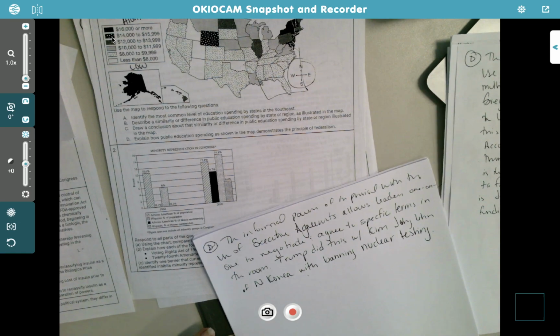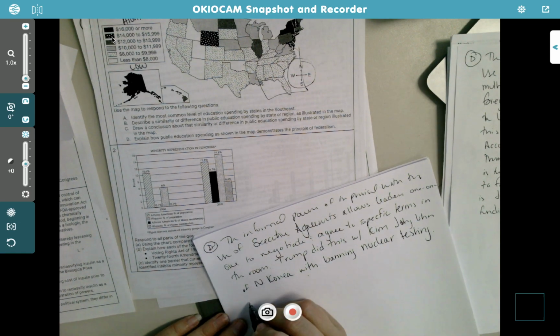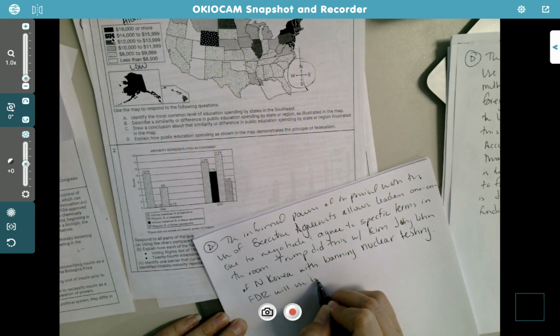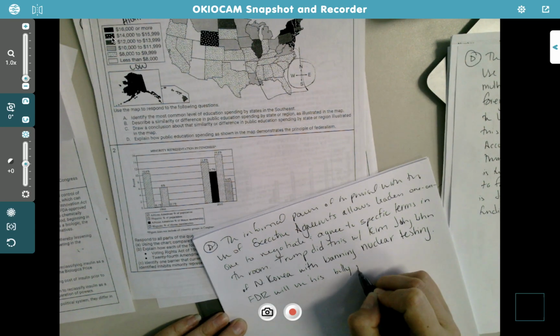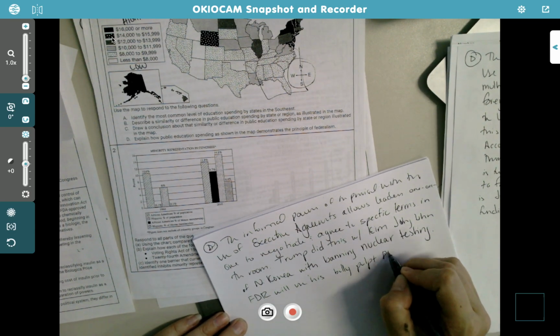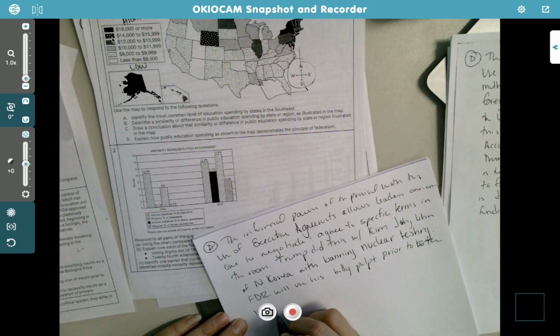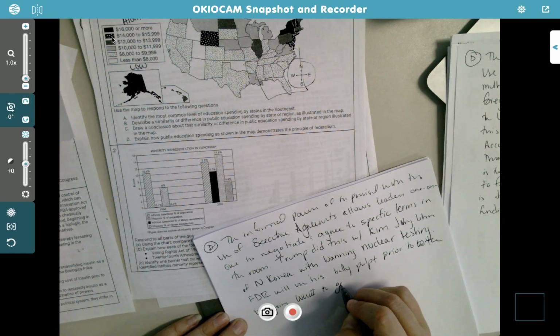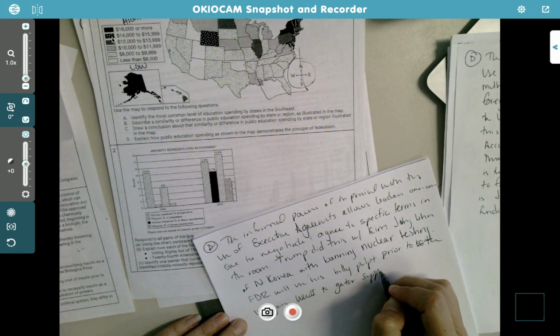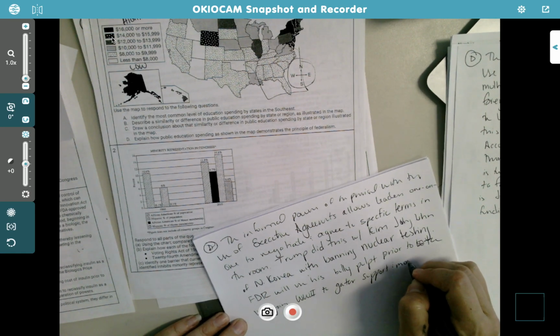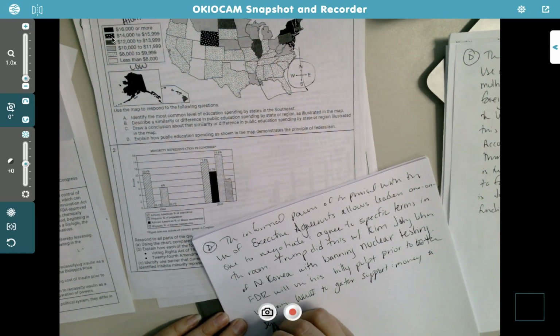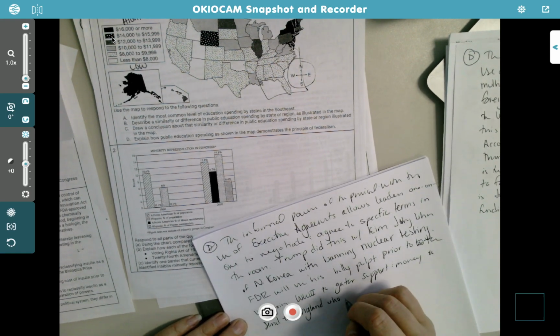All right. FDR will use his bully pulpit prior to World War II, prior to the U.S. joining World War II, to gather support and money to send to England, who is already engaged in the war.